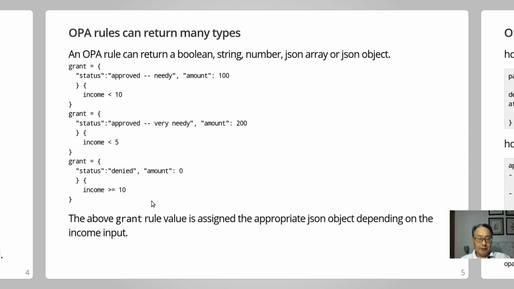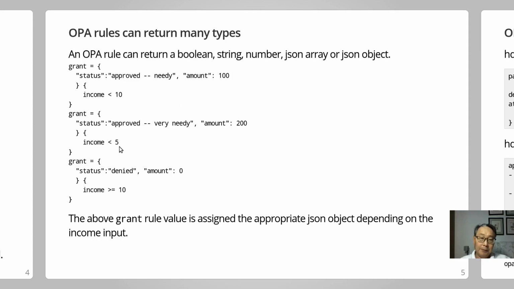So in this case, imagine a charity grant or research grant kind of application. If your income is less than 10 units, the grant is provided a status of approved, needy, and the amount is, let's say, 100 units or $100.